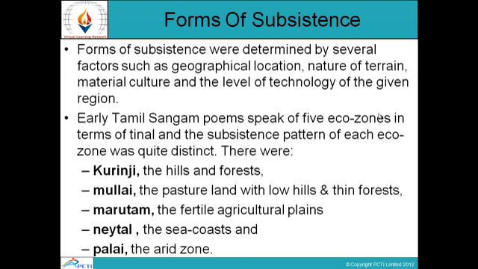And there were 5 ecozones, which were Kurinji, the hills and the forests, Mullai, the pasture land with low hills and thin forests, Marutam, the fertile agricultural plains, Neytal, the sea coasts, and Palai, the arid zone.